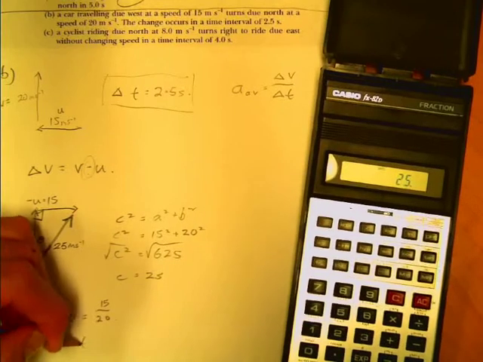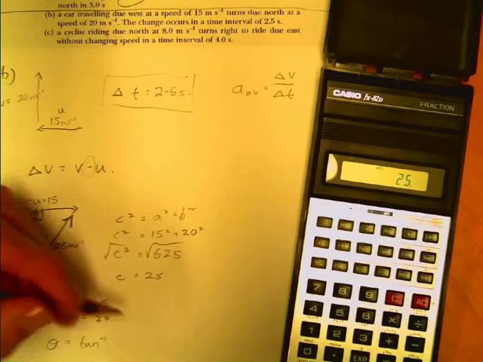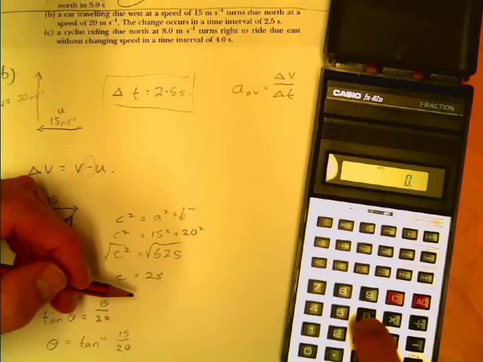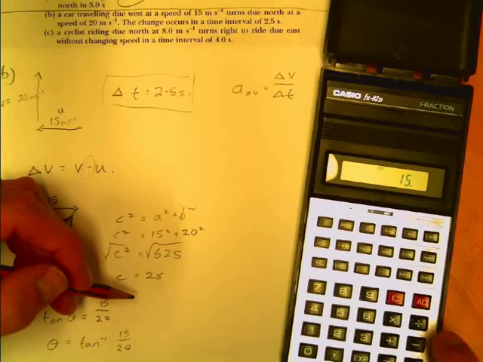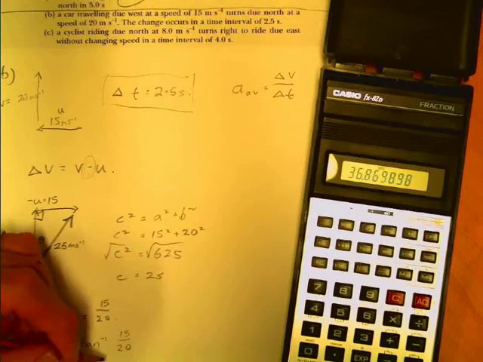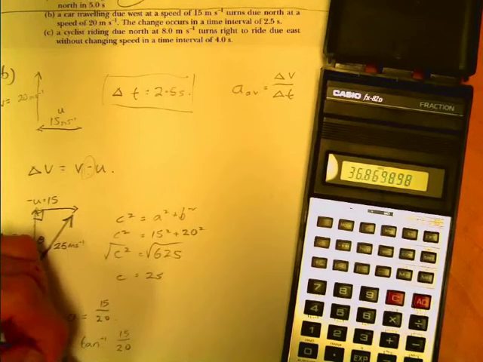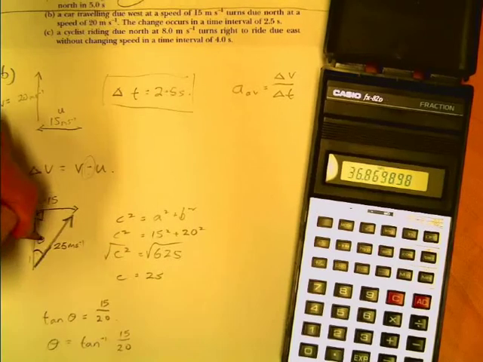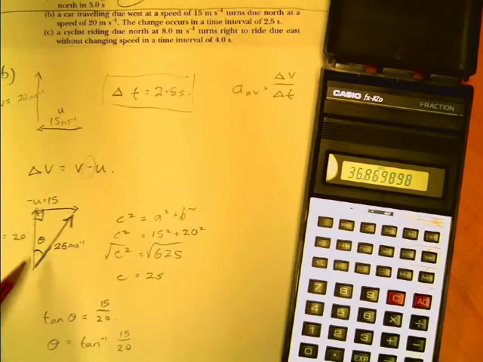So theta is going to be equal to the inverse of tan of 15 divided by 20. Theta is equal to 36.869, 37 degrees. So the angle in here is 37 degrees.